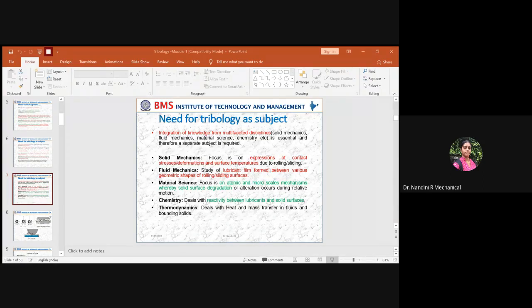First we dealt with the historical background, and then we understood the need for studying tribology as a subject. Now you should understand what we mean by tribology. I told you in the beginning class, so no need for me to repeat. It is a subject derived from a Greek word. Tribos means rubbing, rubbing with respect to any contacting surface.